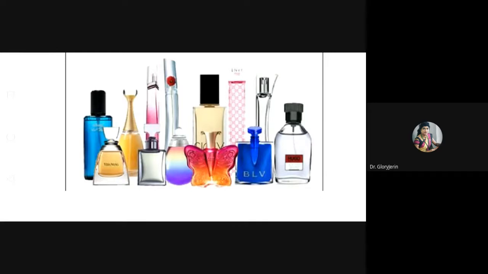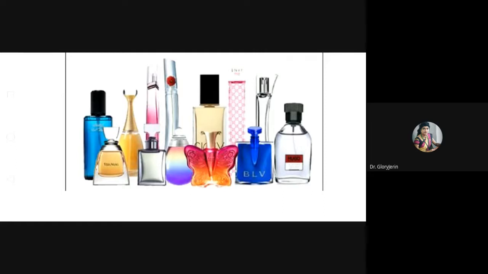This is a bottle for men, this is a bottle for girls, this is a bottle for men, for women, and we can see it associated in the design of the perfume bottle. We can make a brand with masculine or feminine image and identity in the design of the bottle.